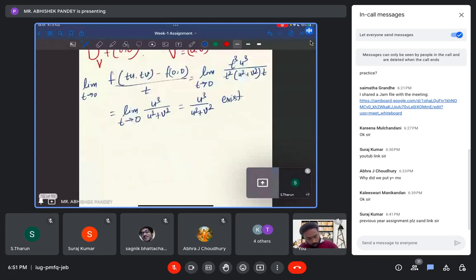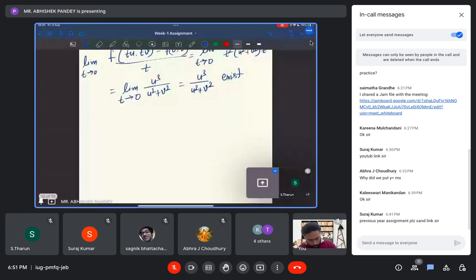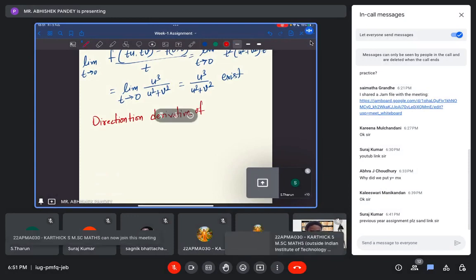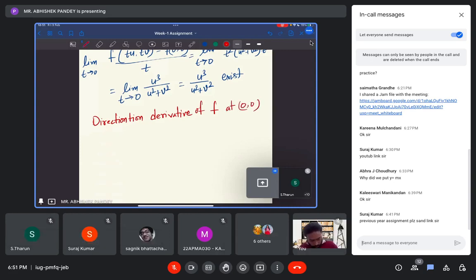What is the conclusion? The directional derivative of f at 0 comma 0 exists in every direction.